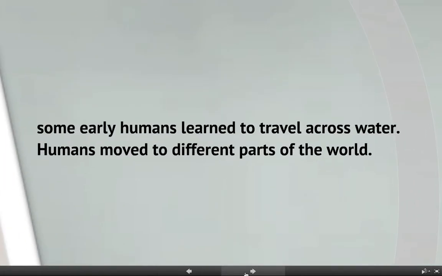So some early humans learned to travel across water, and this allowed humans to move to different parts of the world. So places like Australia, or the islands in the Pacific, or Japan, or Madagascar, or all these places that the only way you can get there is by traveling across water. The way humans got there was by eventually learning how to be able to do that, right? Building boats, building things that could float and allow them to get across that water.